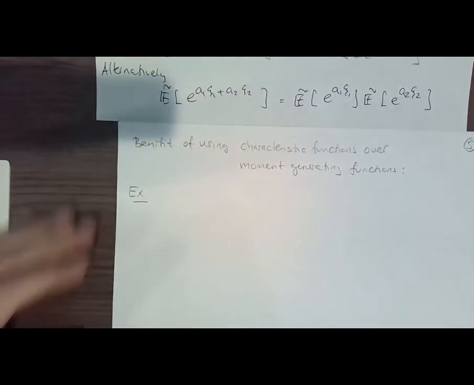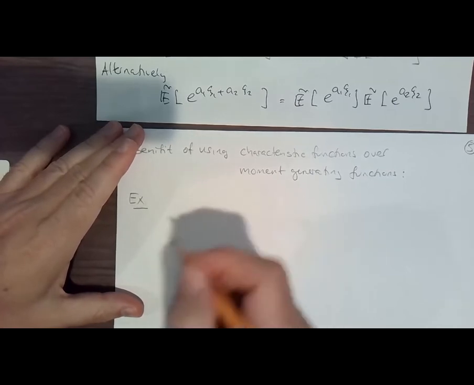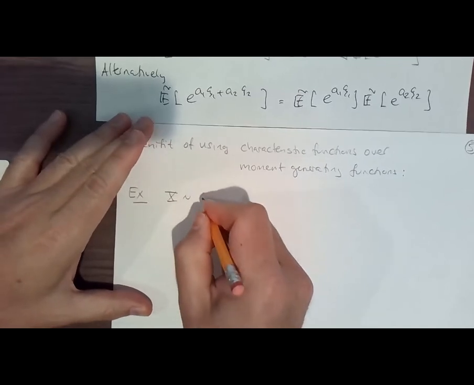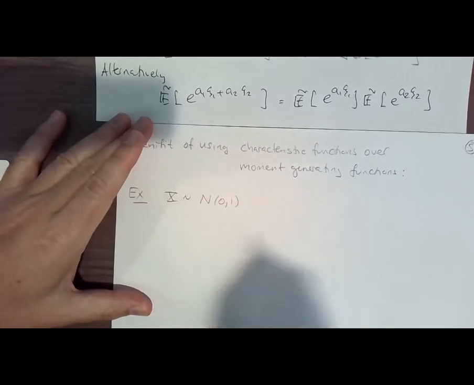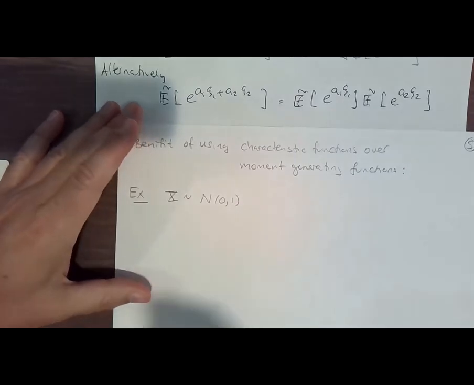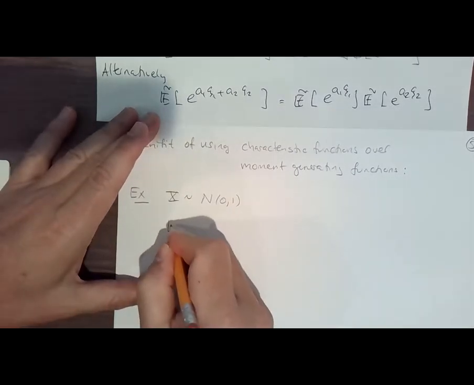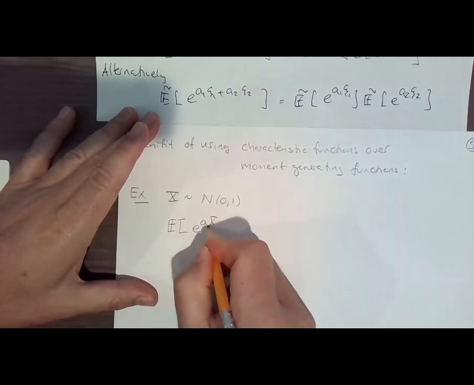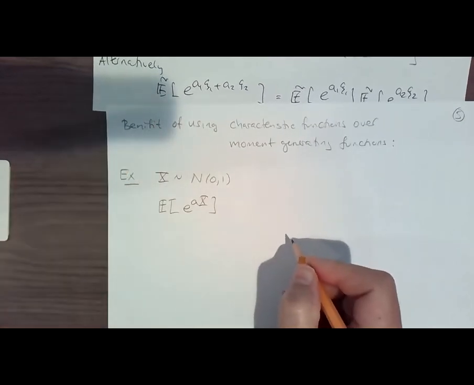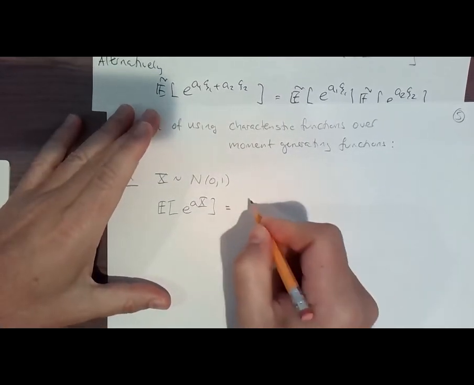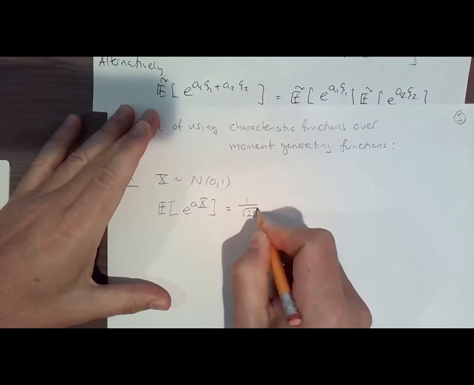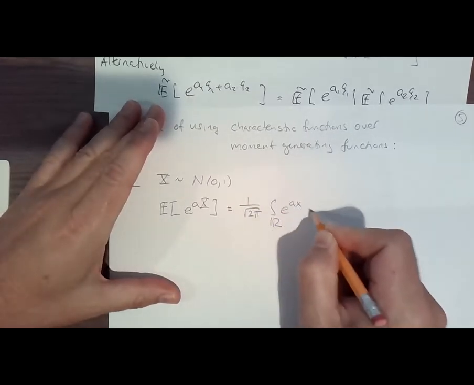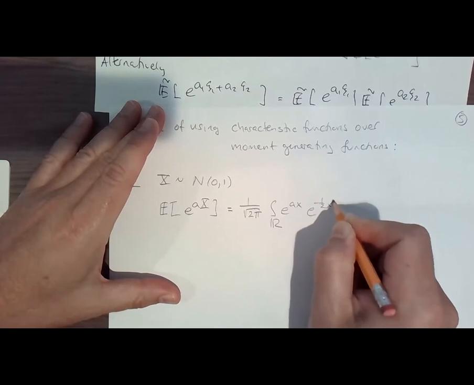Let me take X to be standard normal, so this has mean 0 and variance 1. Then I could look at the expectation of e to the aX, the standard normal moment generating function. I can write this out as 1 over root 2 pi, use the density, integrate over R, I get e to the ax, and then the density was e to the minus 1/2 x squared dx.